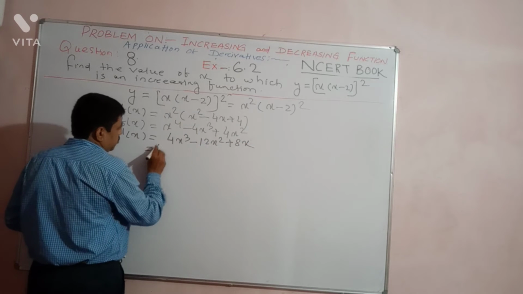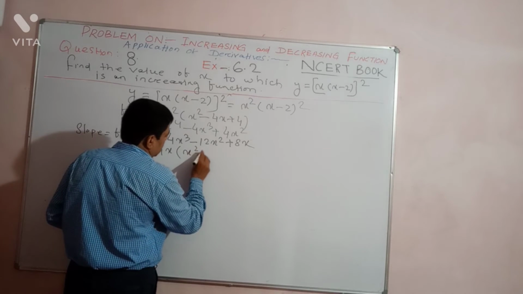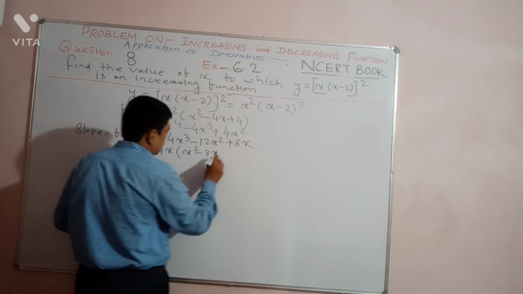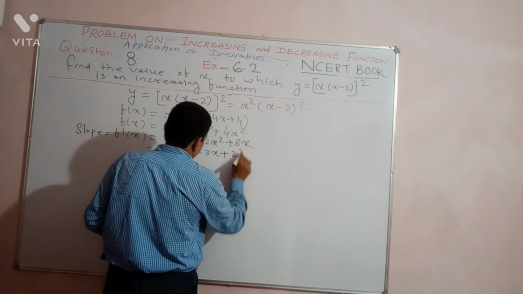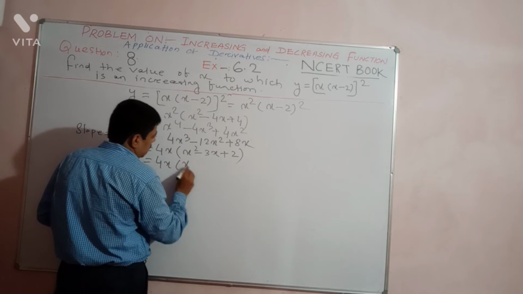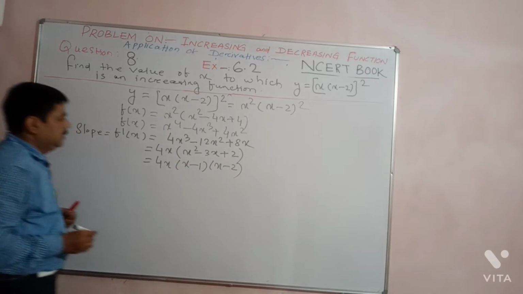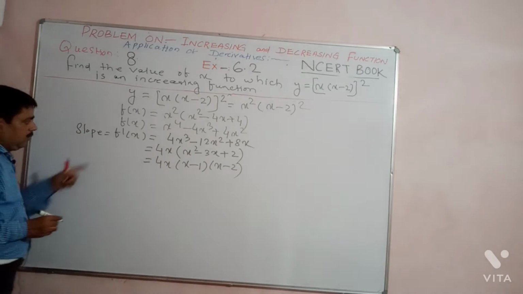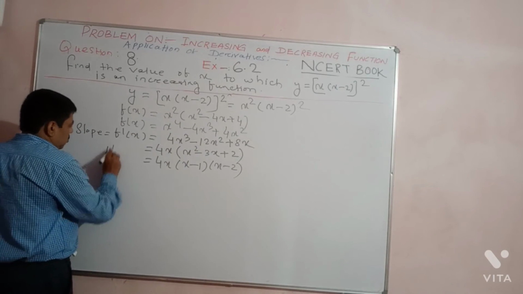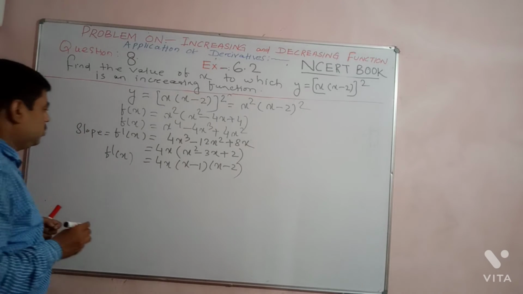So that is equal to 4x taken as common, and it will be x square minus 3x plus 2. Okay, and after factorization you will get x minus 1 and x minus 2. So f dash x is equal to 4x (x minus 1)(x minus 2).